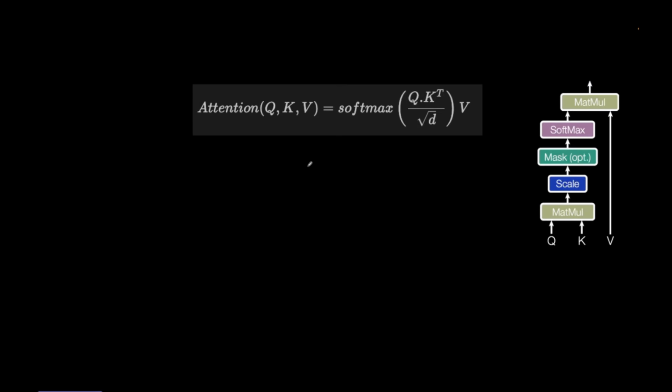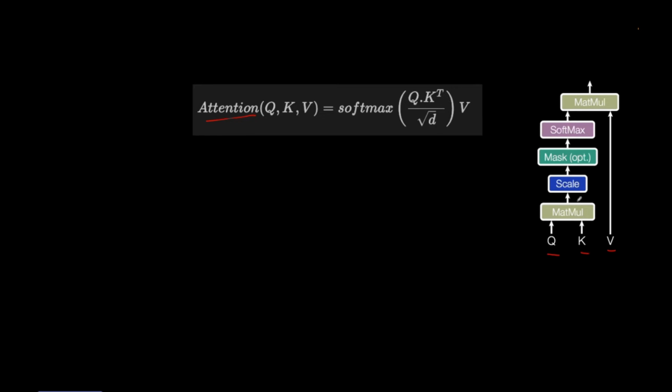The attention head is this. We start from this very simple attention mechanism, and you can see here that we have the matrices Q, K, and V. This schematic is just the same equation in a schematic way.